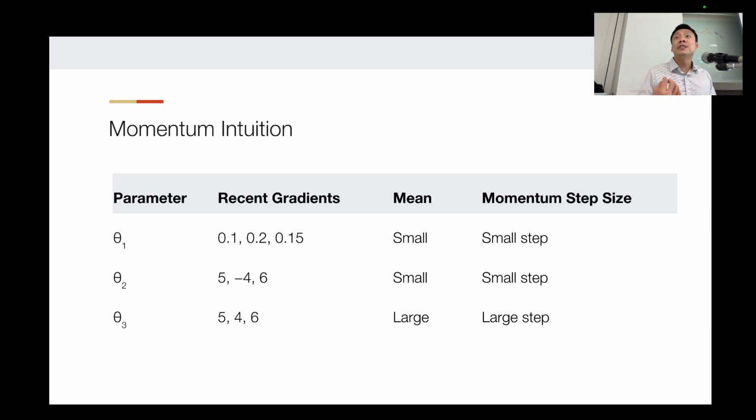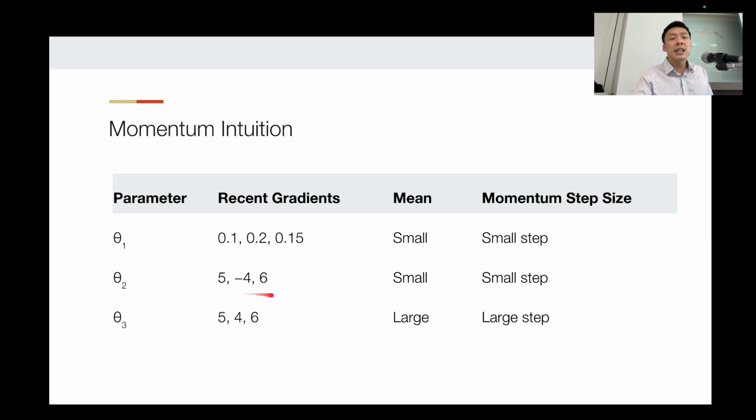If you see that the gradient is getting smaller, the average of the gradient will be small, and the step size will be small, which is what you want. So you should slow down. The gradient is smaller and smaller now, so we should go small as well. And what's happening here?